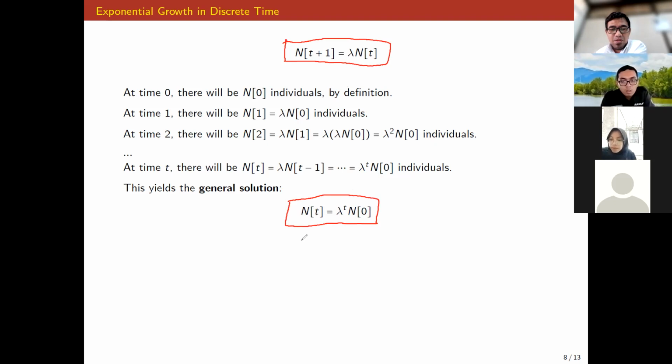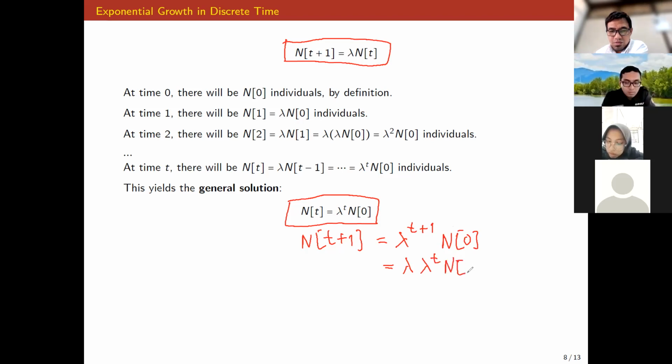So if you have, for example, n_{t+1}, we just replace t by t plus 1. So we'll have lambda to the power of t plus 1 times n_0. Of course, we can split it: lambda times lambda to the power of t times n_0.